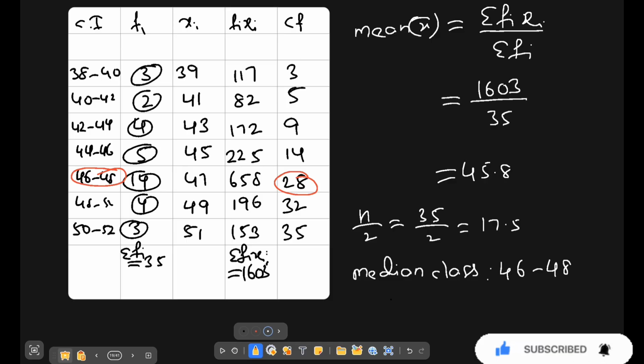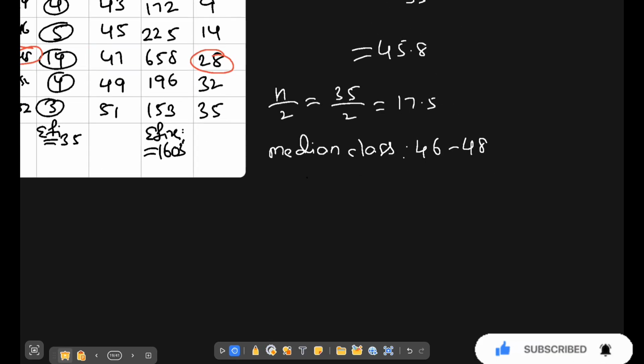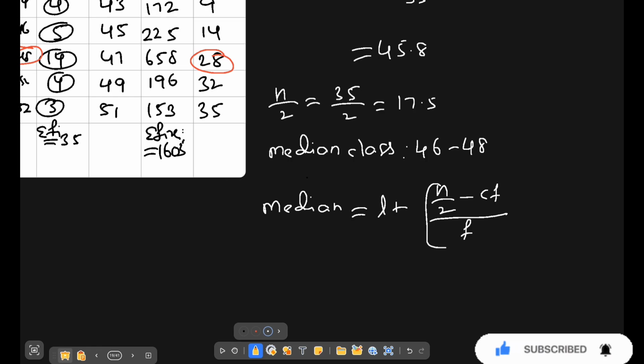So what is the formula to find the median? The median is equal to L plus n by 2 minus Cf, whole by f, into h.